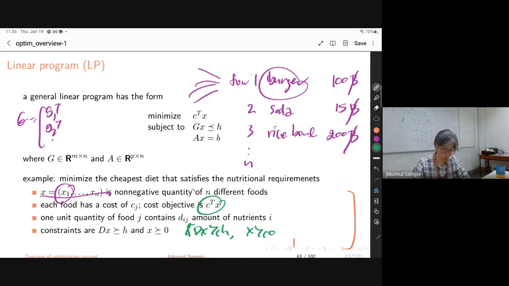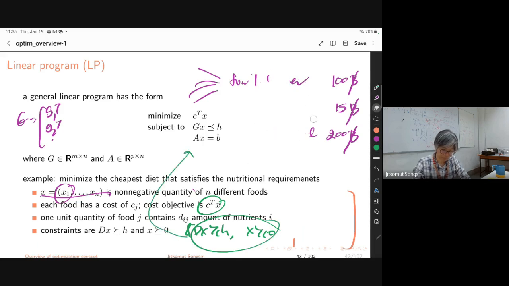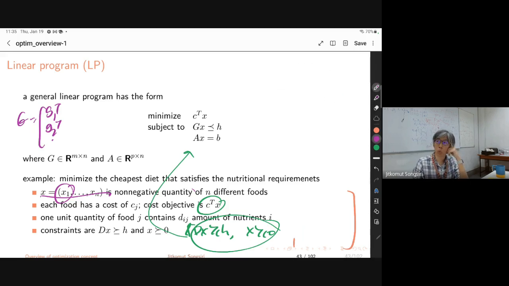Bunyarit, can you express this as a standard form? What is G and h, A and b? Do we have equality constraints or not? We don't have equality constraints. We have only inequality constraints.